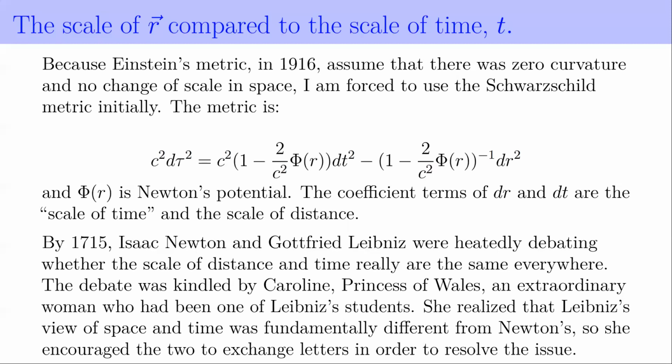So the coefficients of dr and dt are the scale of time and the scale of distance. They're the things that we were showing in the map of the Earth being flat.